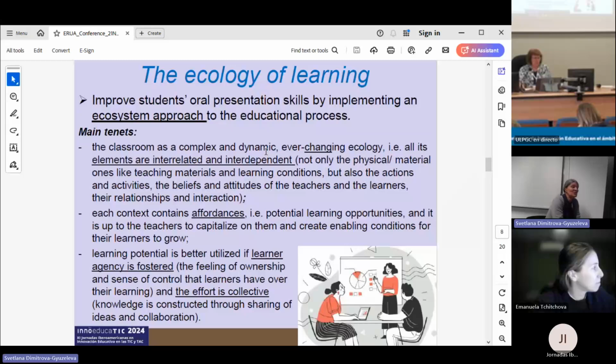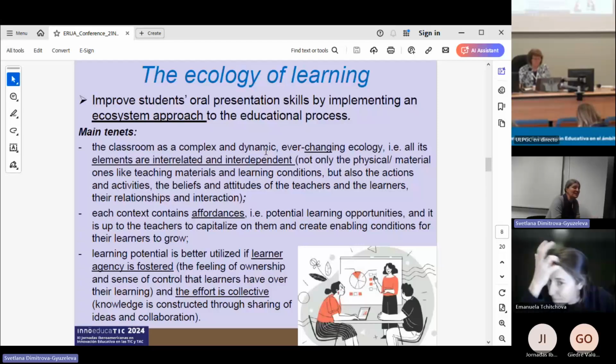Learner agency would suggest that learners are given voice and choice in what to do, so that they have a sense of control over their own learning and a sense of ownership of the results achieved. As well as we should really encourage the sort of collective effort in the classroom.